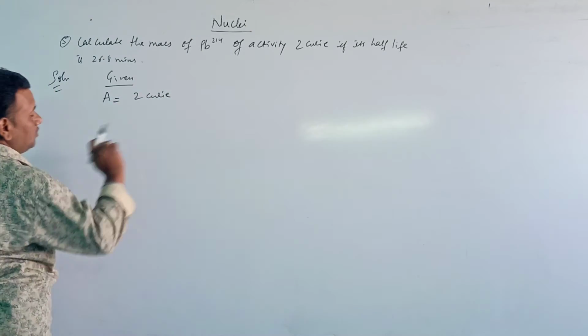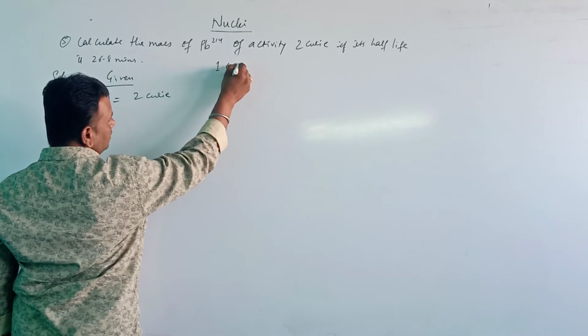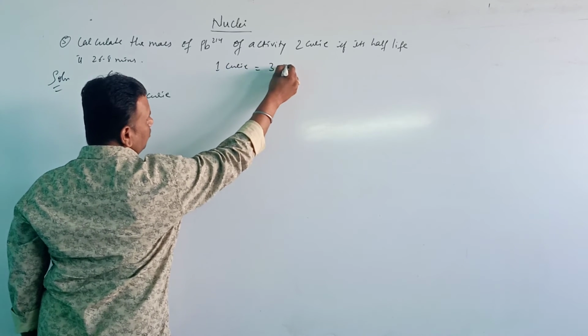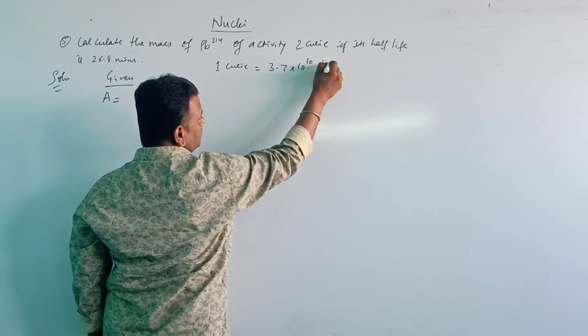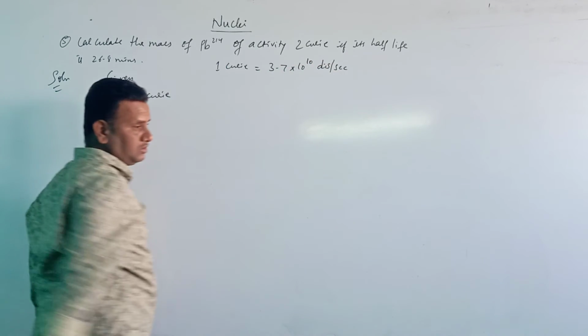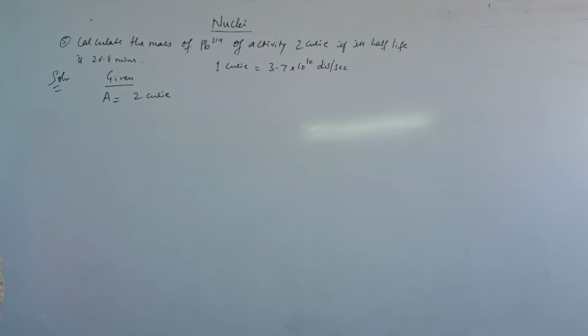We know that 1 curie is equal to 3.7 into 10 to the power of 10 disintegrations per second, as we discussed in the activity topic.